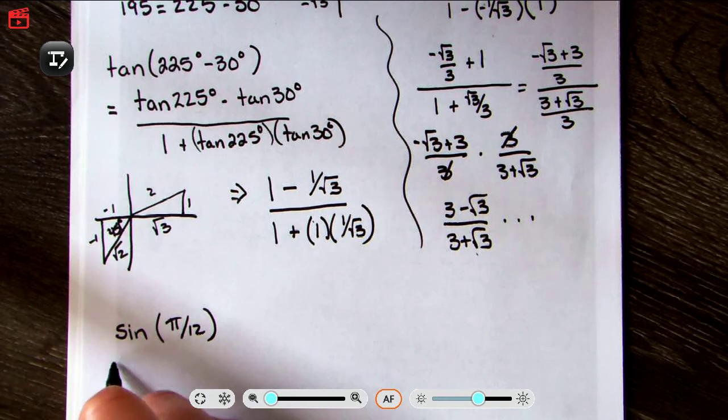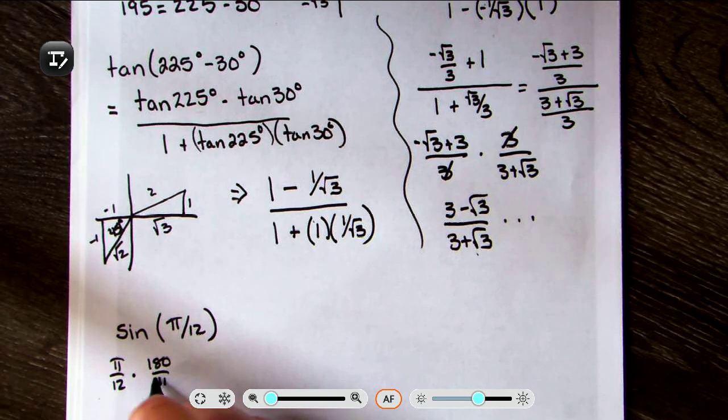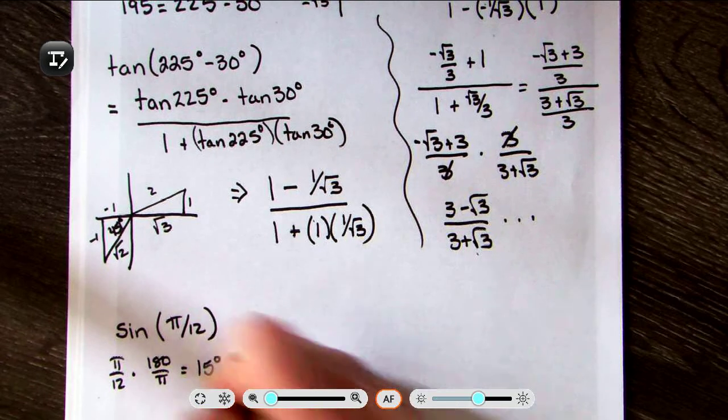If you remember how to do that, pi over 12 times 180 over pi. I need my calculator. I get 15 degrees.